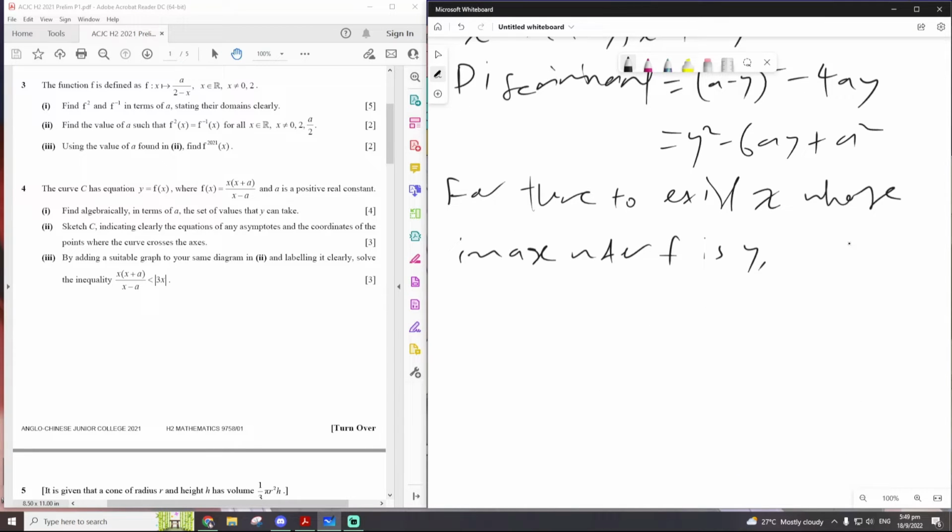Because if not, then it won't exist. It won't be a real number. So we need y squared minus 6ay plus a squared greater than or equal to 0.